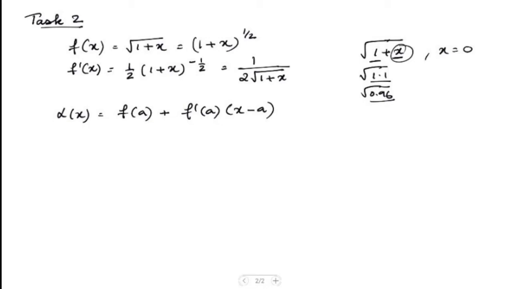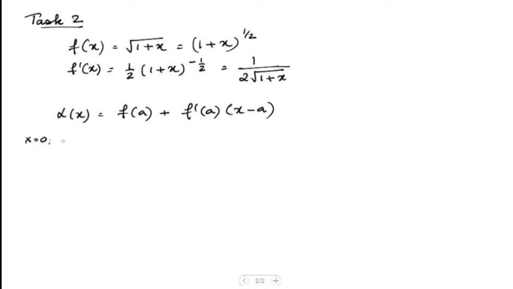In that case, we will have root 1 plus 0, which is root 1, and root 1 will be very close to root 1.1 or root 0.96. Alright, so I'll erase this part, and we'll take x is equal to 0.